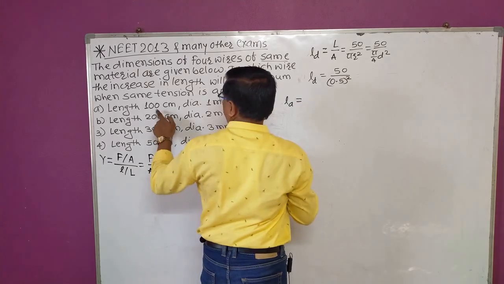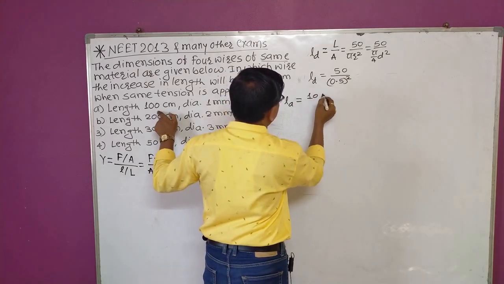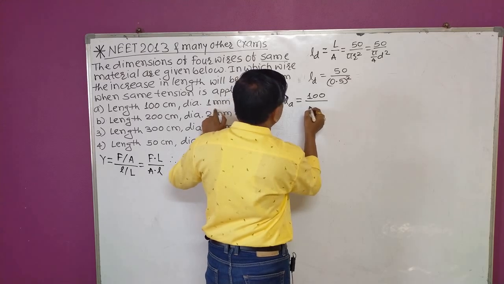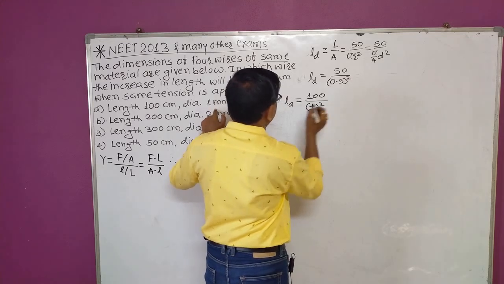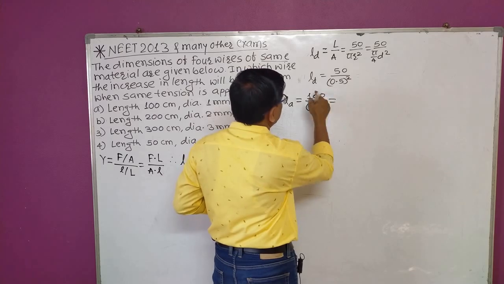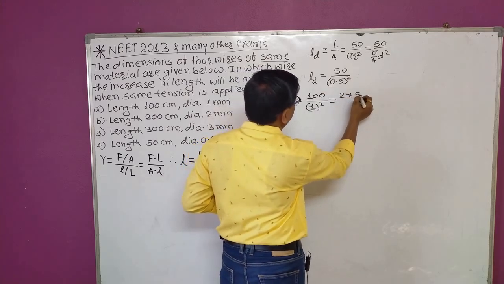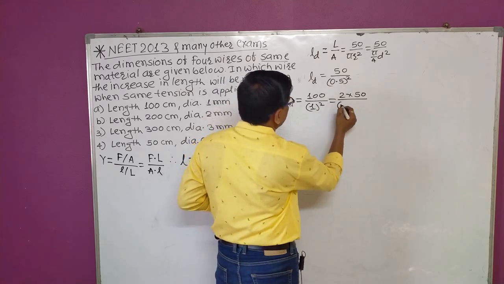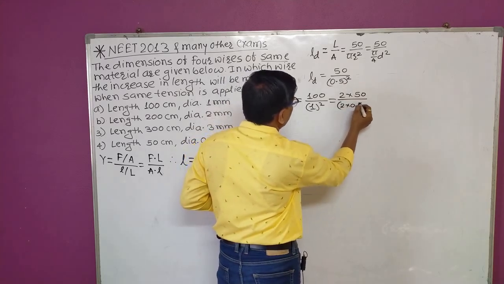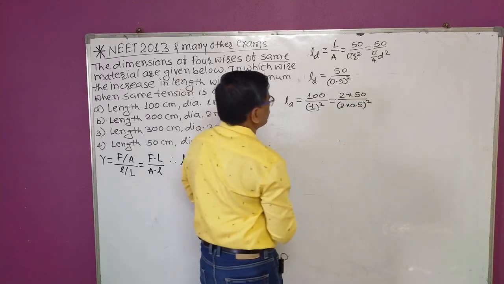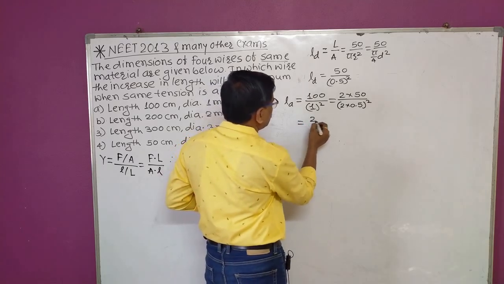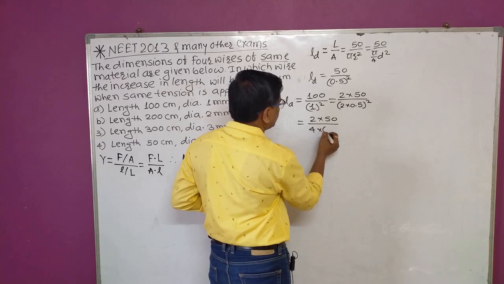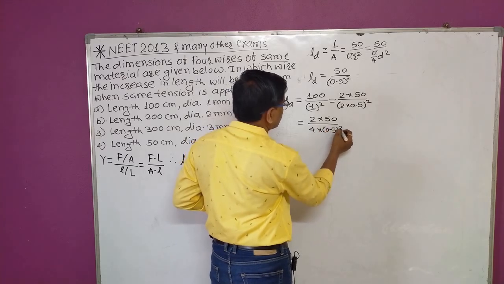Now we will calculate for wire A. This is equal to 100 upon 1 mm square, so that is 1 square. Now this 100 is 2 times 50, and this 1 mm square is 4 into 0.5 whole square. So this is 2 into 50 upon 4 into 0.5 square.